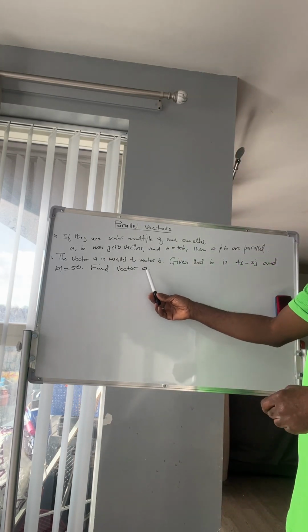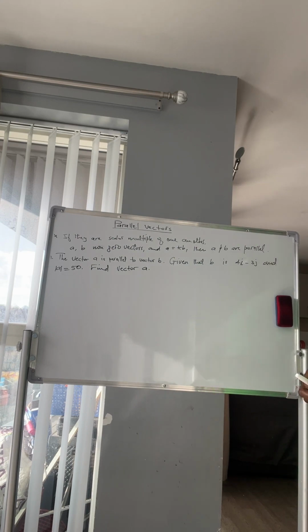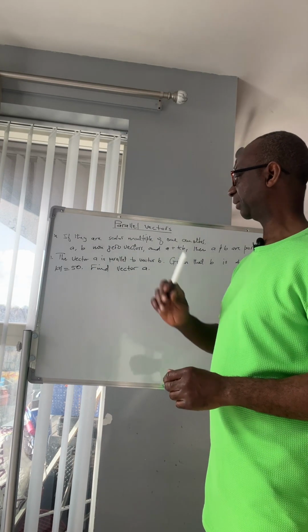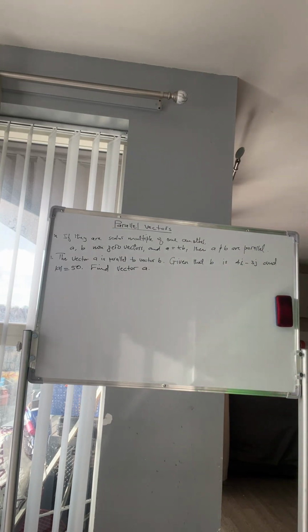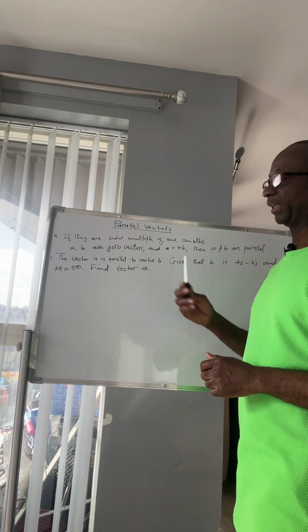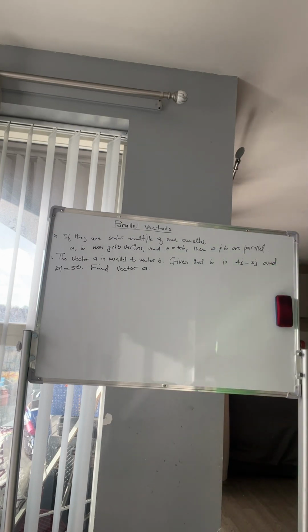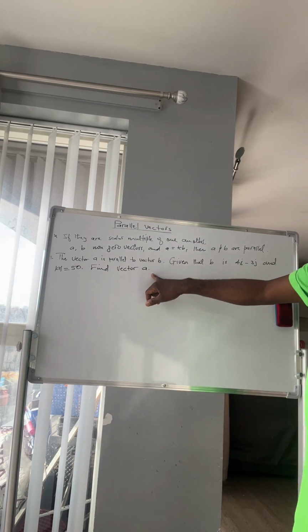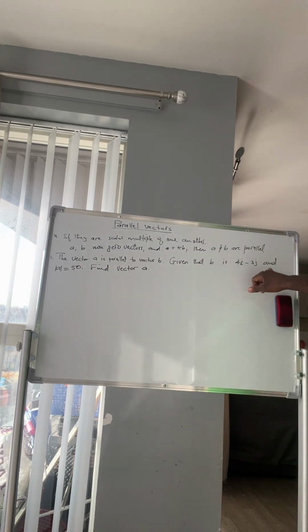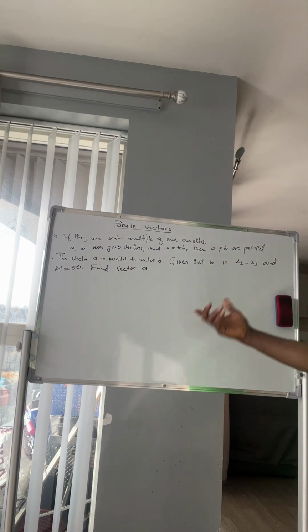Find the vector A. We are given the magnitude of A, and we are given the vector B, but they want us to find the vector A. You see that? Magnitude of A is given, vector A is not given. Here, vector B is given, so what do we need to find? We need to find the magnitude of B.